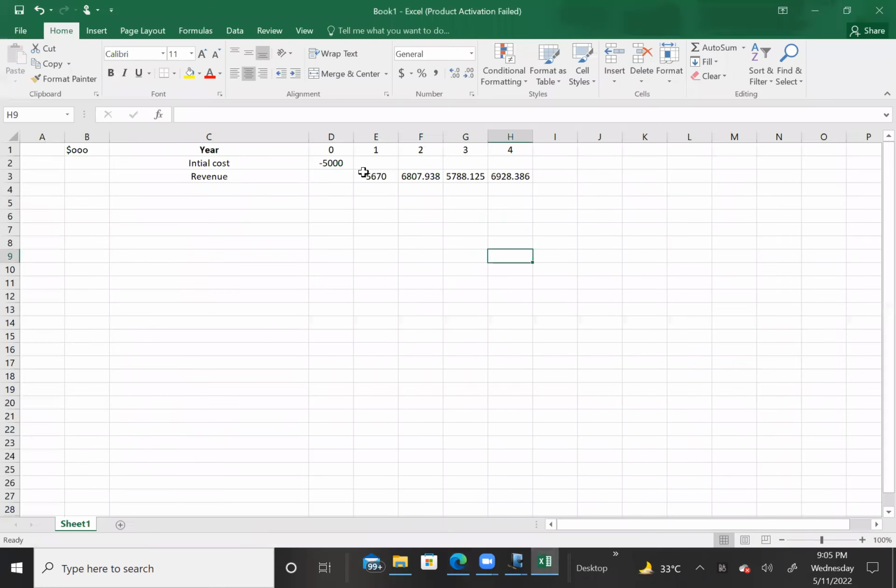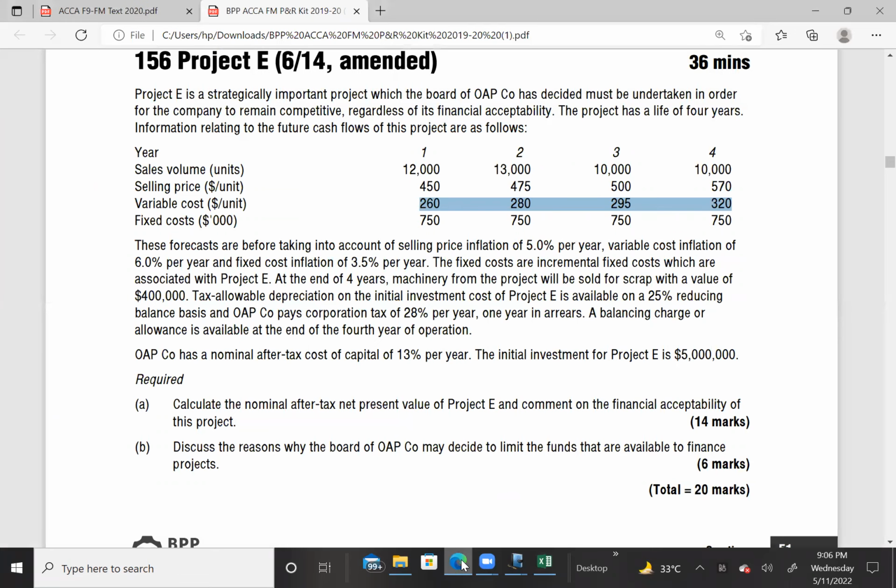So in the first year, variable cost equals minus 12,000 into 260 into 1.06. Units into variable cost per unit into 1 plus g raised to power n. So that is the variable cost for year 1.